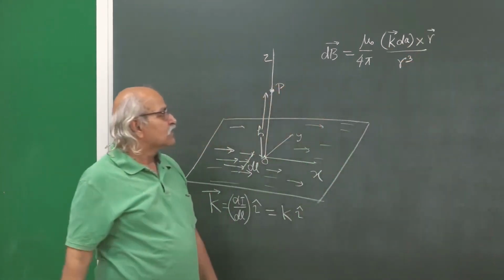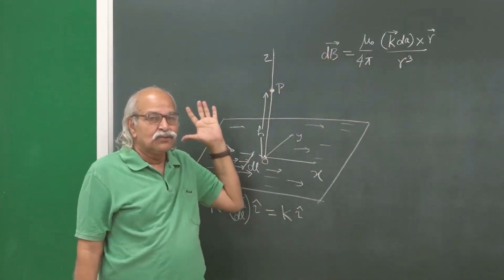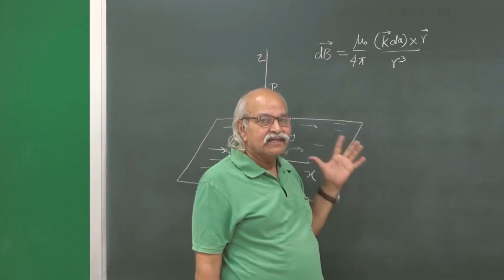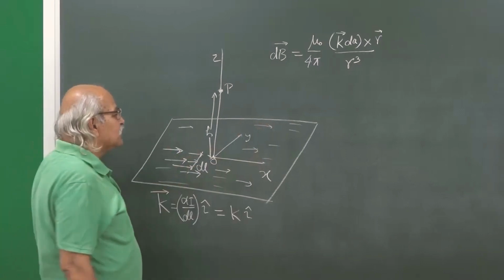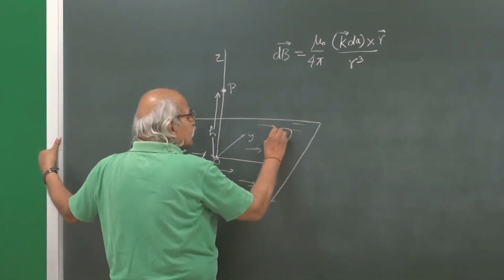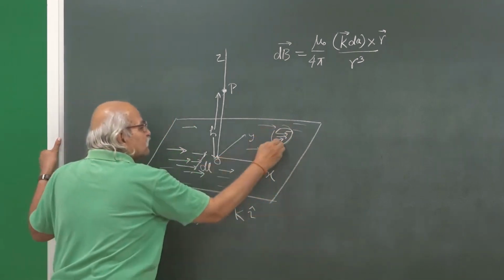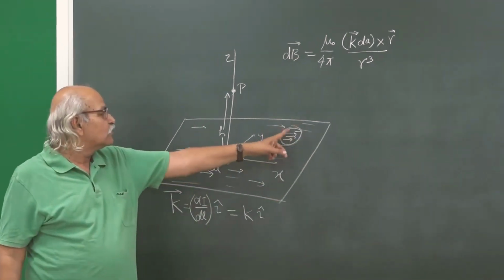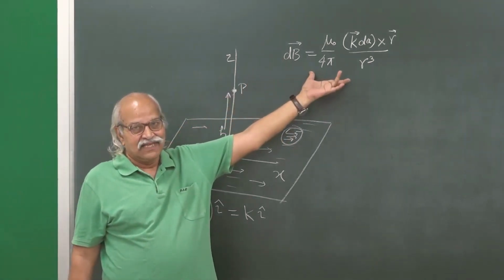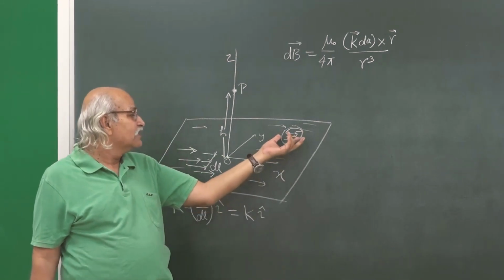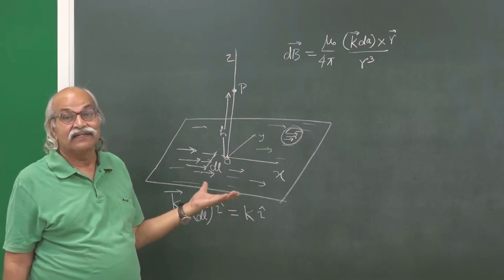Same interpretation: we need the magnetic field due to the entire current in the xy plane, and therefore we have to take some element, some area somewhere, and because of this much current in this element, we will calculate what is the magnetic field here, and this formula is for that. And then you have to integrate properly so that this area covers the entire xy plane where the current exists.